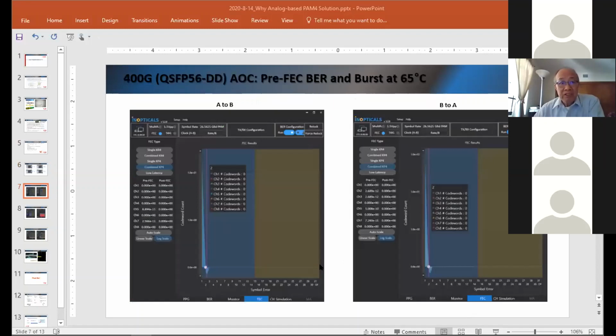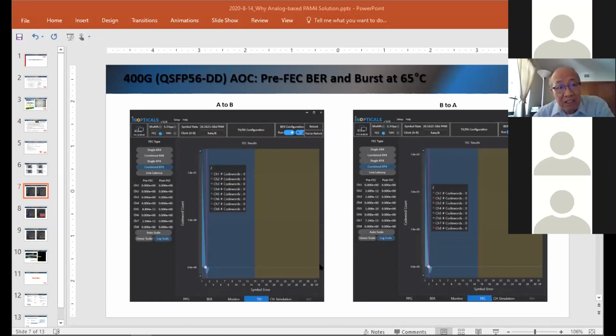Going into the bit error arrays, sorry about the size of this slide. It is very hard to see. Basically, on each one of them, there are 2 modules, A to B, B to A, back to back. On the left side of those 2 slides, you can barely see, one is called pre-FEC and the other is called post-FEC. The pre-FEC tells us about half of them have no error, and half have an error of about e to the minus 11-ish.